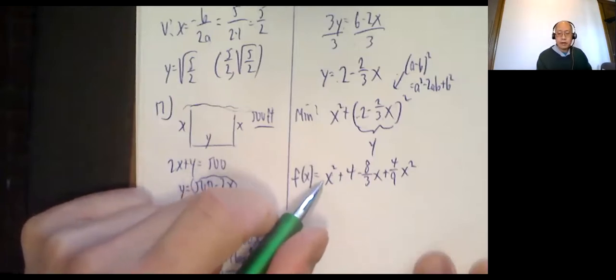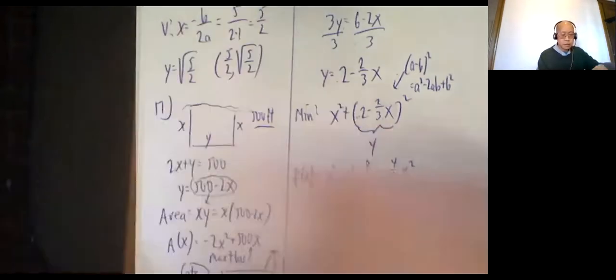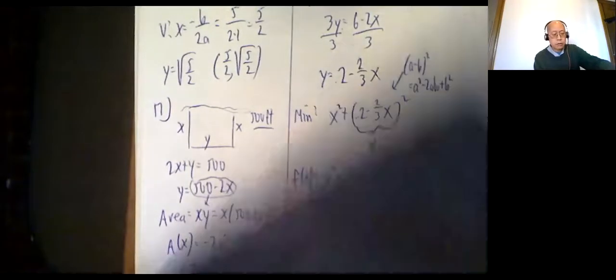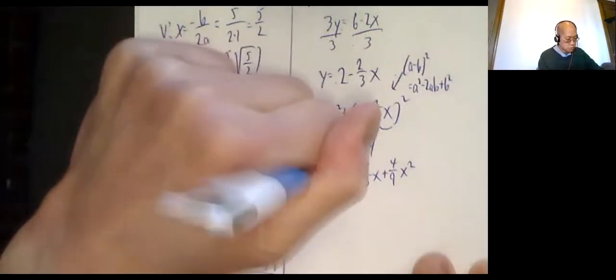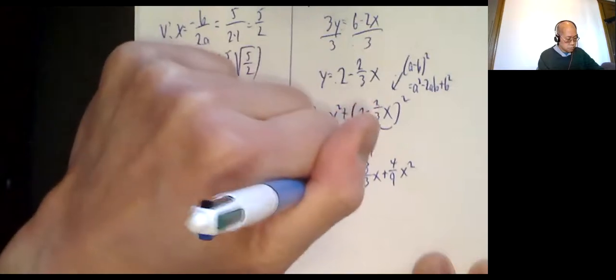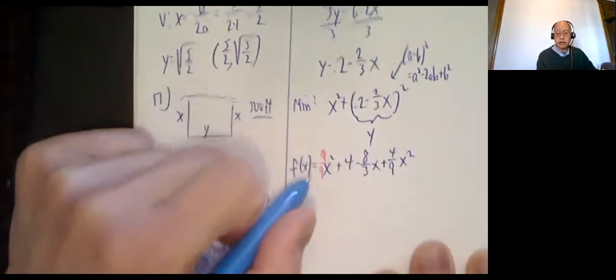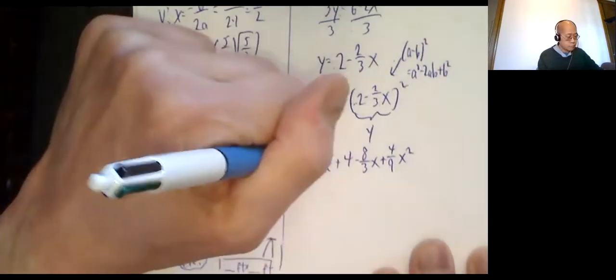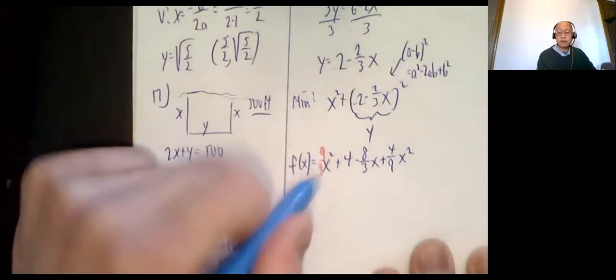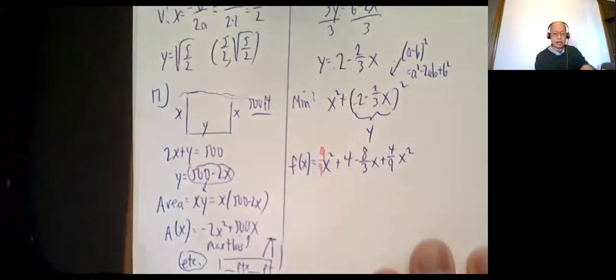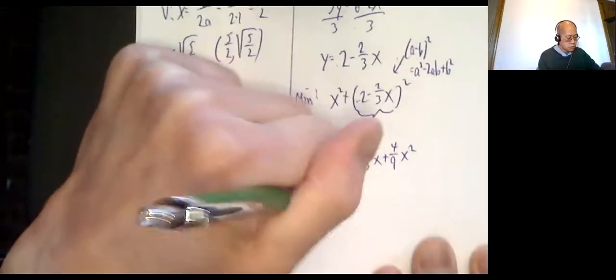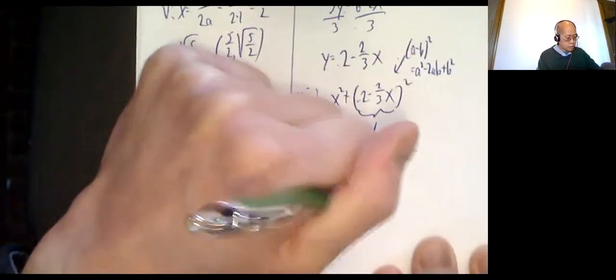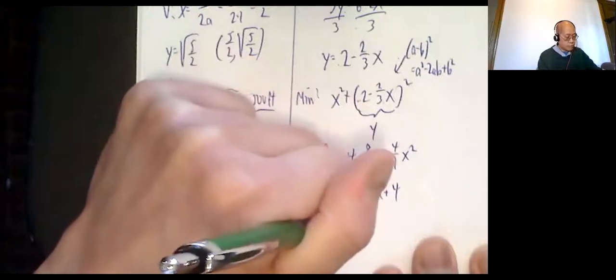Okay, the coefficient of x squared is 1. I'll show you how I'm going to write 1. 9 over 9 is 1, right? So 9 over 9 plus 4 over 9 is 13 over 9. 13 over 9 x squared minus 8/3 x plus 4.